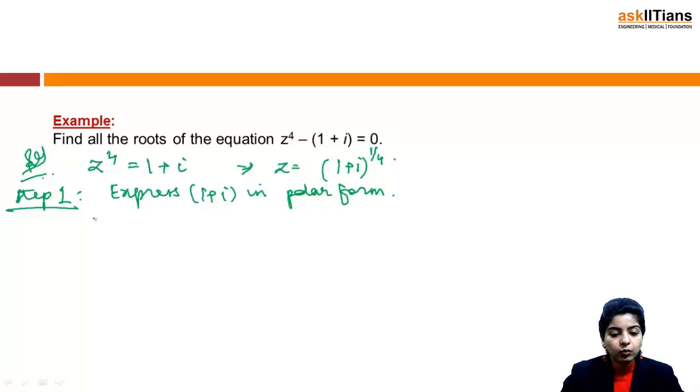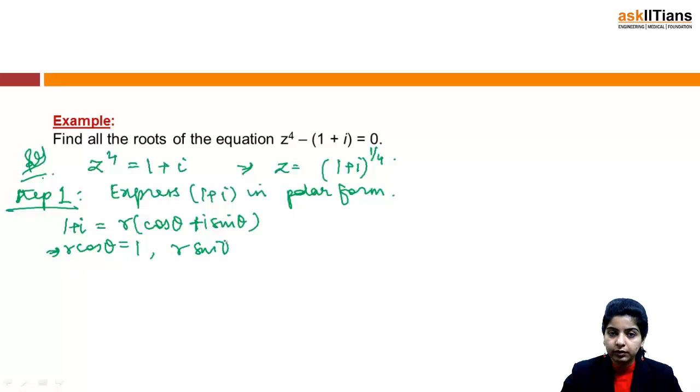So that would mean 1 plus i is r times (cos theta plus iota sine theta), which means r cos theta is 1 and r sine theta is 1. By equating the real and the imaginary parts, this is what I get.